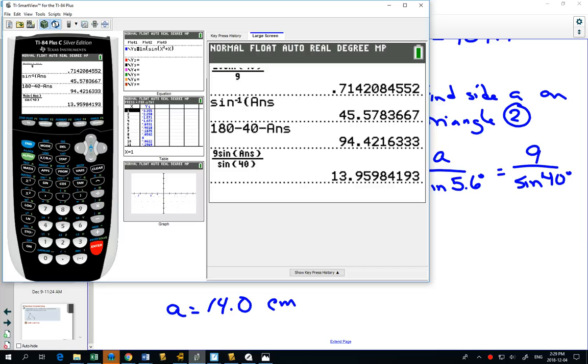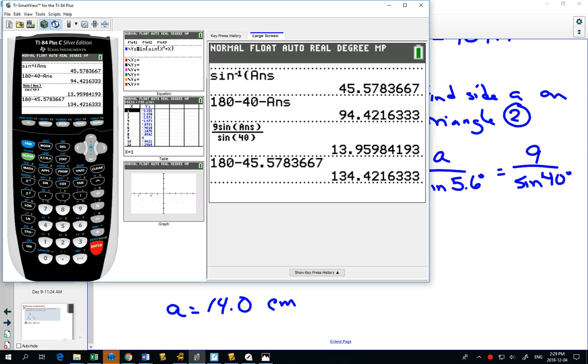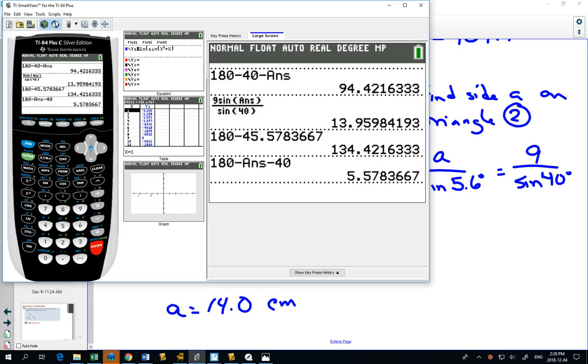First of all, my reference angle was 45.4. So if I do 180 minus this answer, I had 134 on the bottom. Then 180 minus that answer minus the 40 degrees should give me that 5.6 that I had before, and there are all the decimal places.